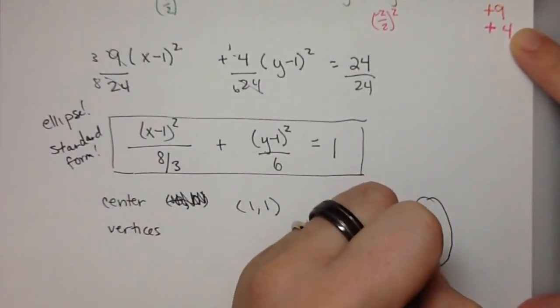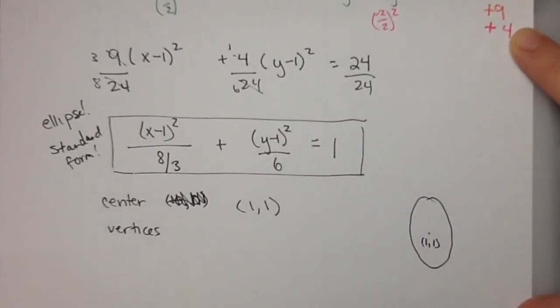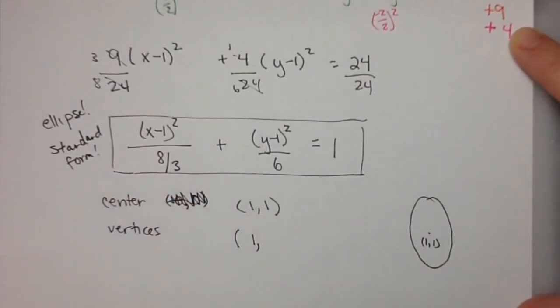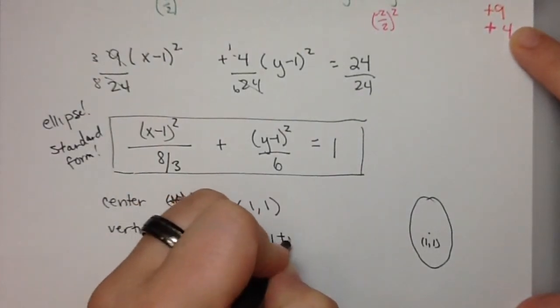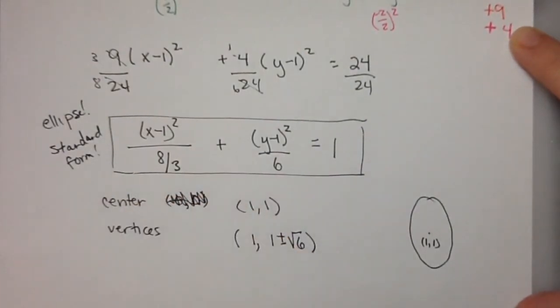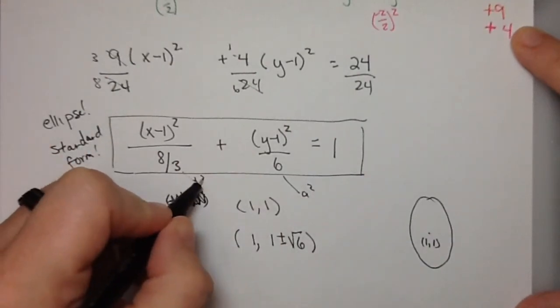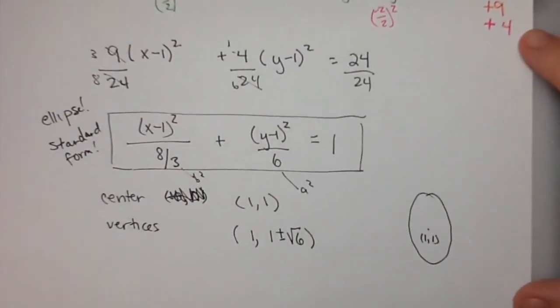The center is at 1, 1. The vertices are at x equals 1, and we're going to do 1 plus and minus the square root of 6, because this is our a squared and that's our b squared.